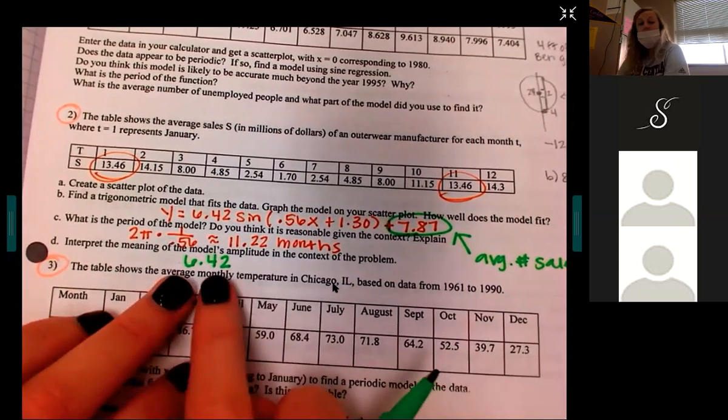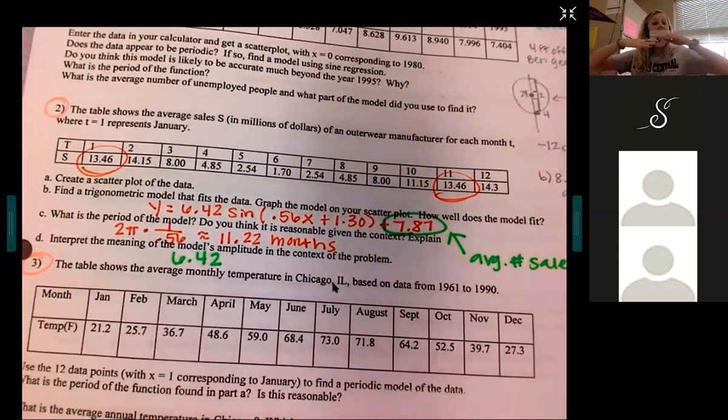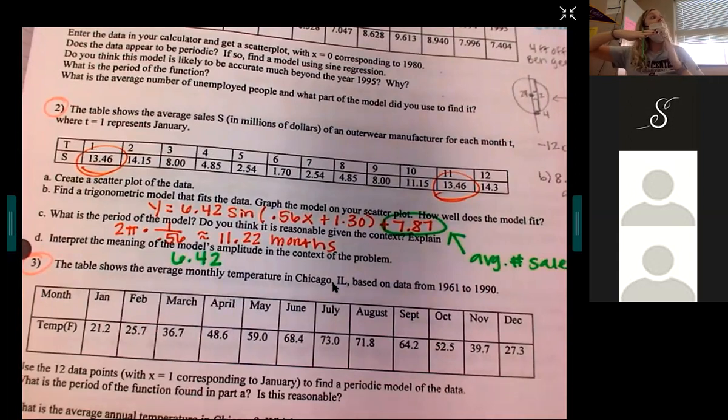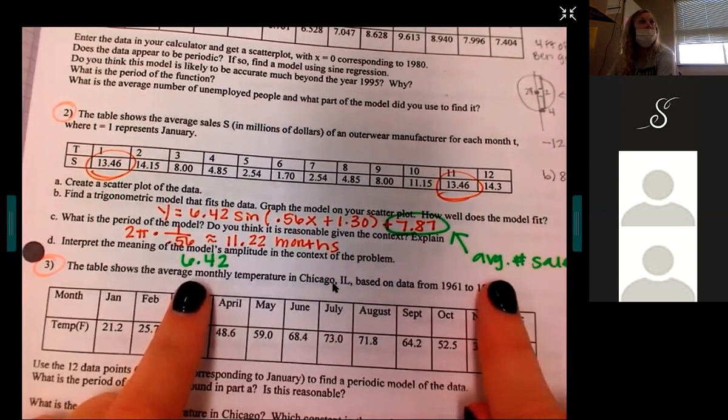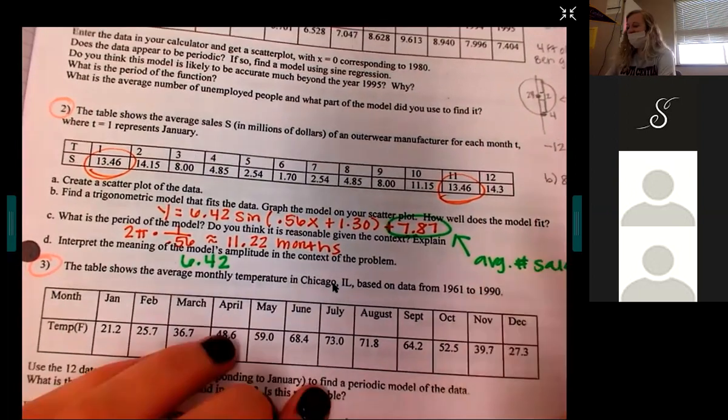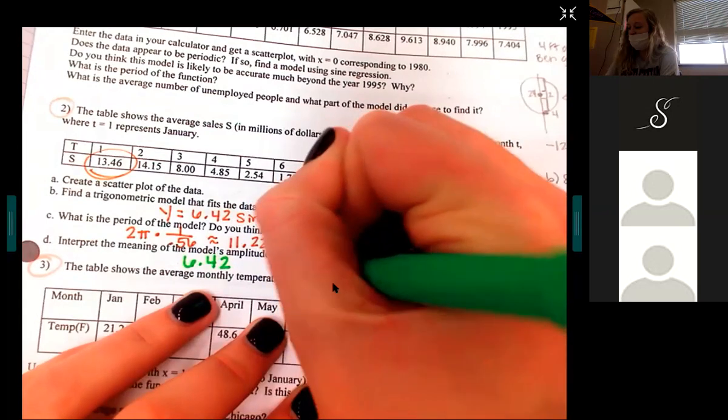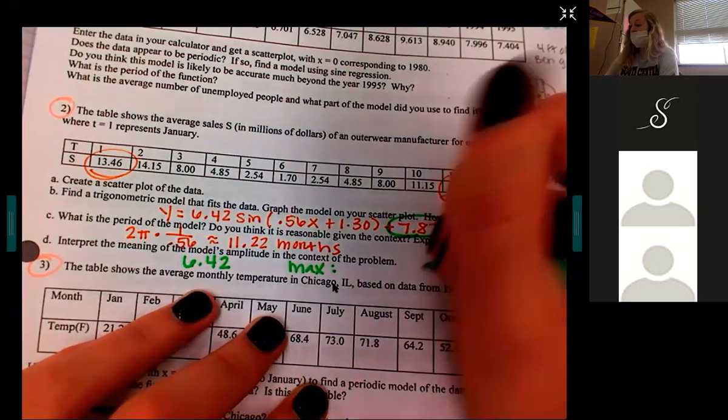So the amplitude is 6.42. That means it's going to go up 6.42 from that middle and down 6.42 from that middle, right? So what's something else they could ask you based off of these two things? Good, good. Extra credit. The maximum number of sales and the minimum.